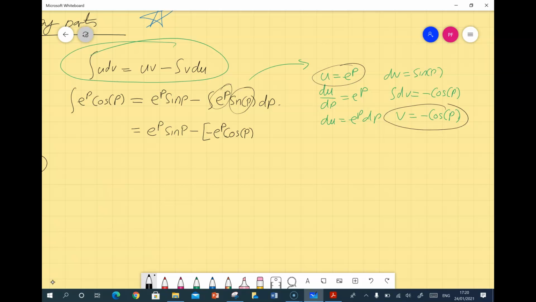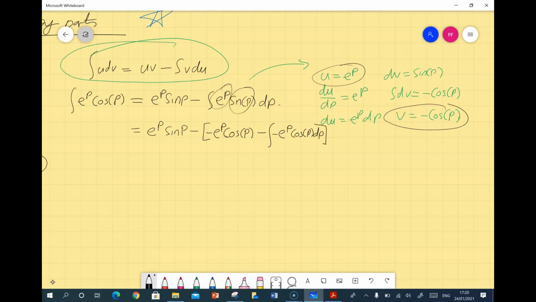Alright. Then I've got minus v times du, minus the integral of v times du. So minus the integral of v, which is minus cos of p by du dp by e to the power of p dp. So that's minus e to the power of p cos p dp.